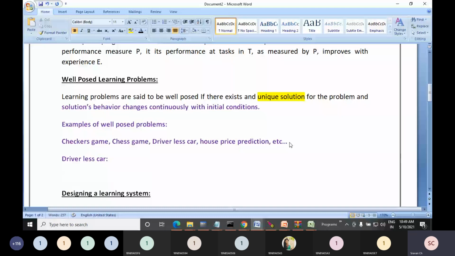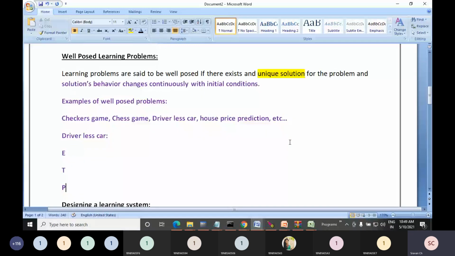We have three parameters as per the definition: parameter 1 is experience, parameter 2 is training, parameter 3 is performance. Training, experience and performance. These are the three important words.